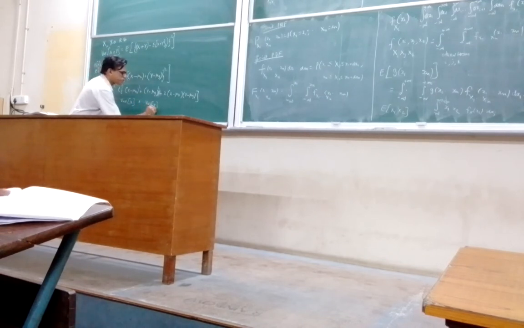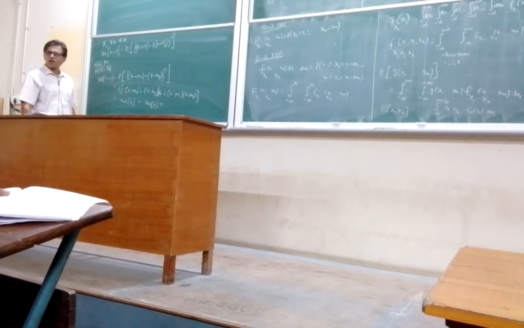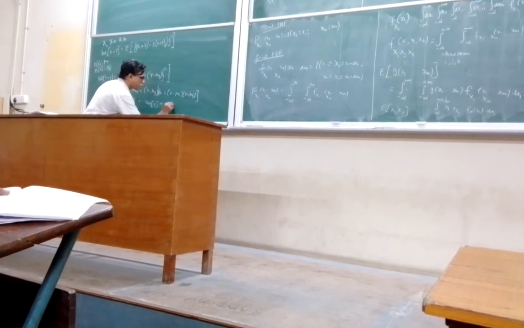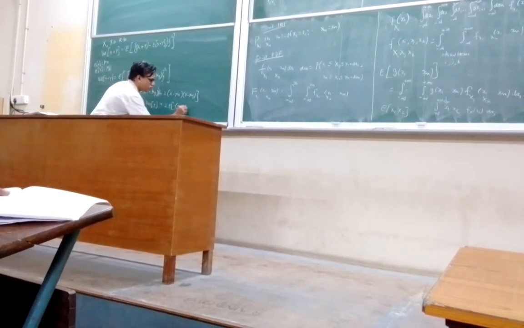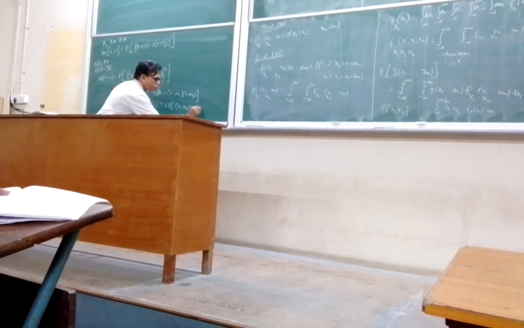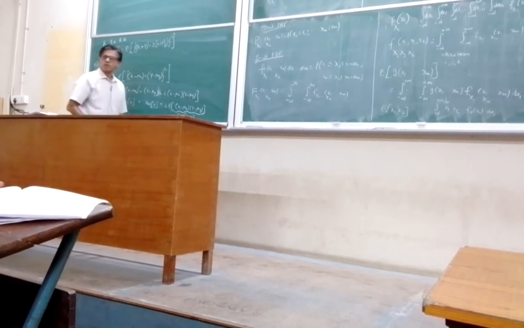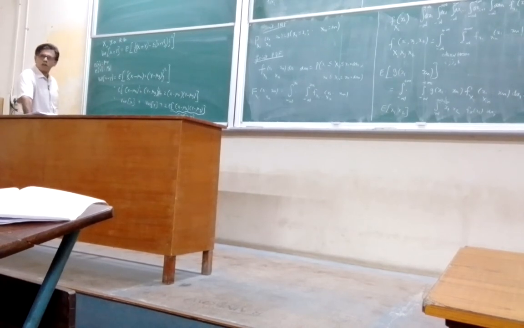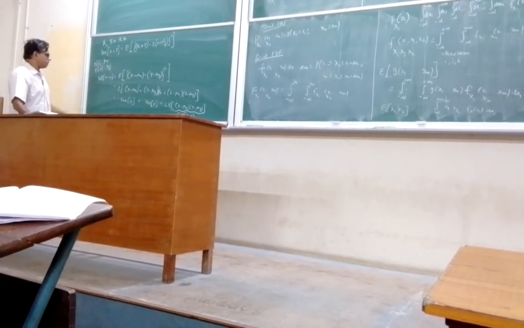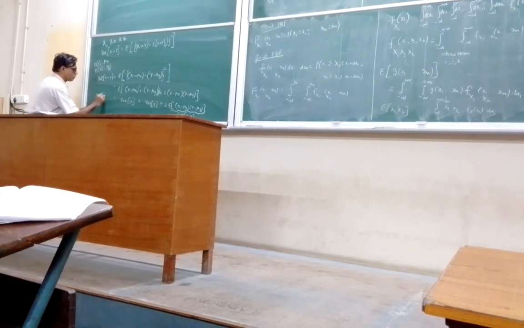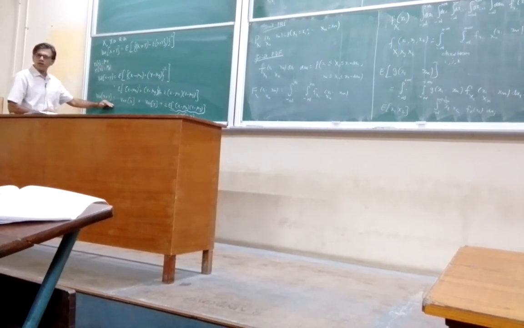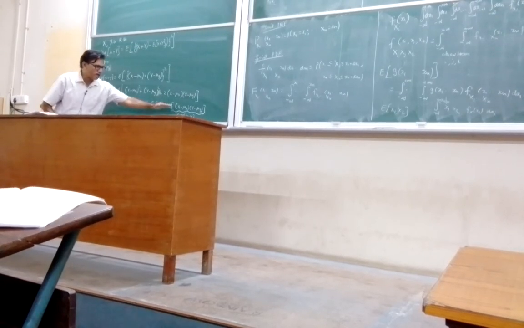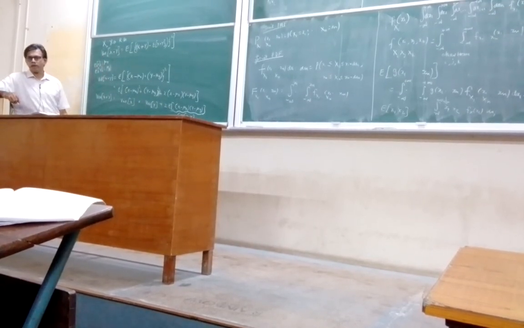Plus we have a term which is an important one: 2 times the expectation of x minus mu x into y minus mu y. We define this as the covariance of x comma y. So we have this formula: variance of x plus y is variance of x plus variance of y plus twice the covariance of x comma y.